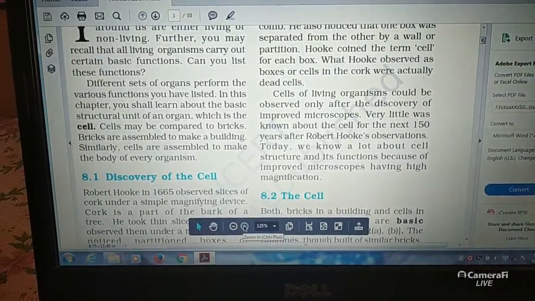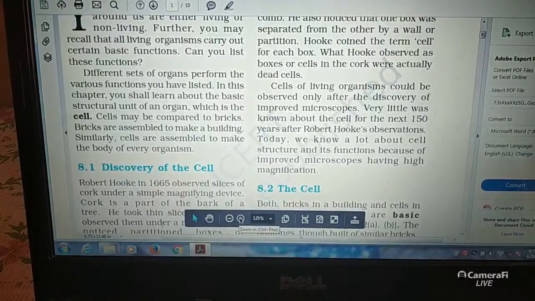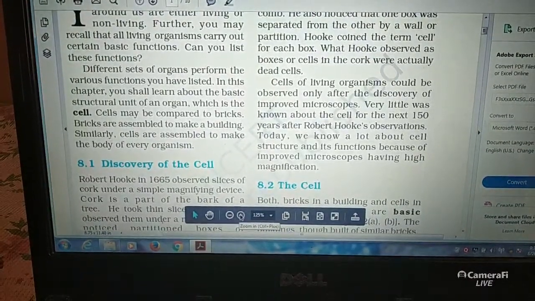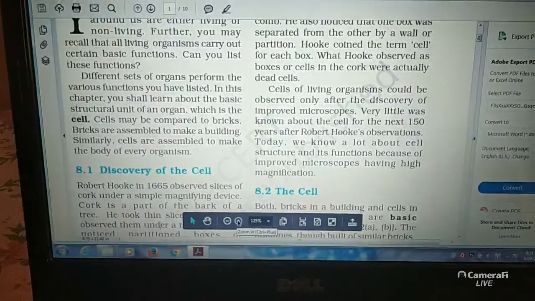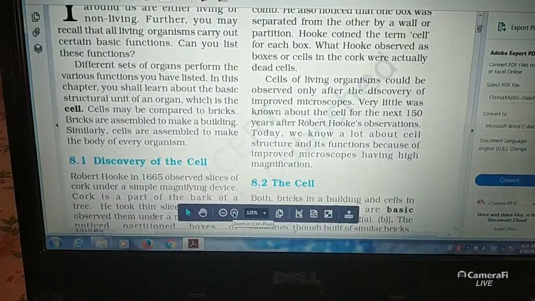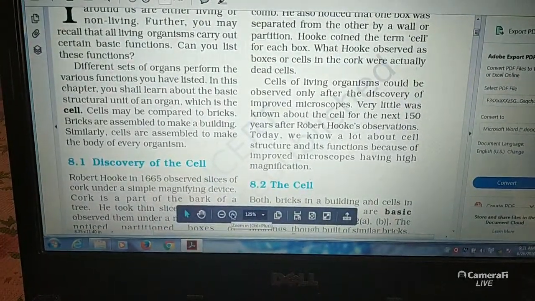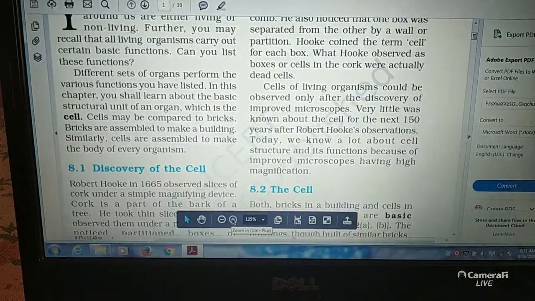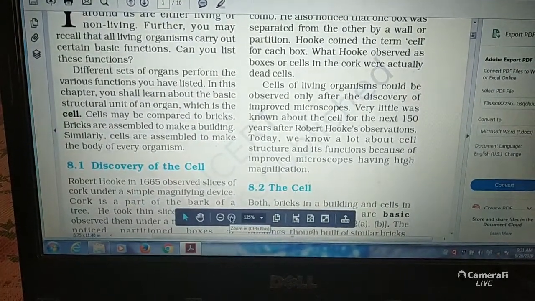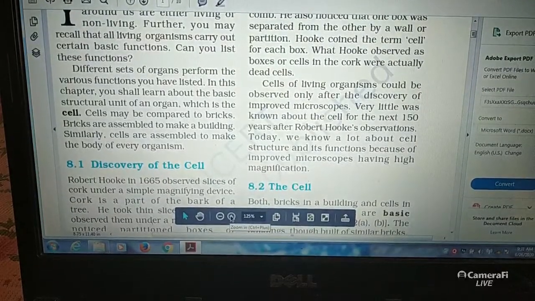If 8C is compared with an organ, you can see in 8C there are walls. In that case the walls are forming the tissue, and the walls are formed by the bricks.